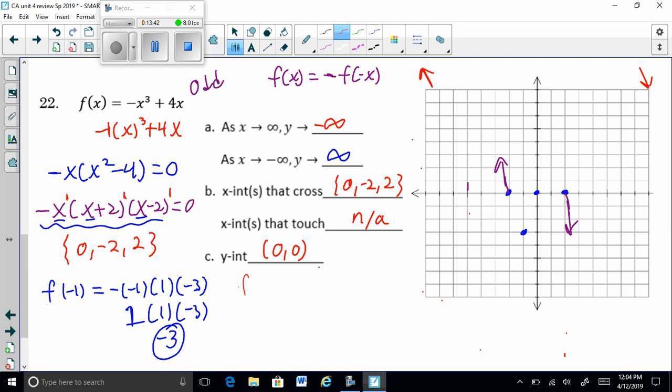So let's see, if I plug in f of +1, I get -(1). That negative is part of the factor there. Then 1 plus 2 is 3. And then 1 take away 2 is -1. So when you multiply this together, you end up getting -3 times -1, which then eventually takes you back to +3.